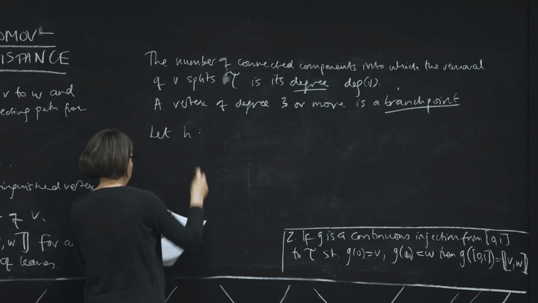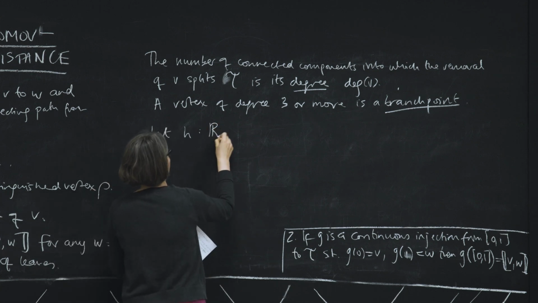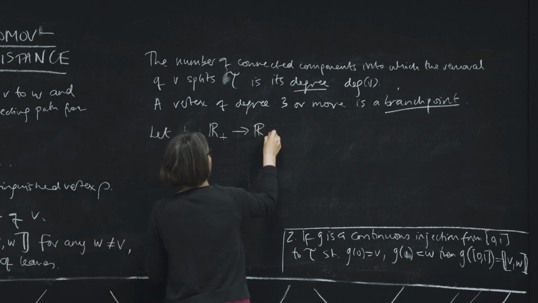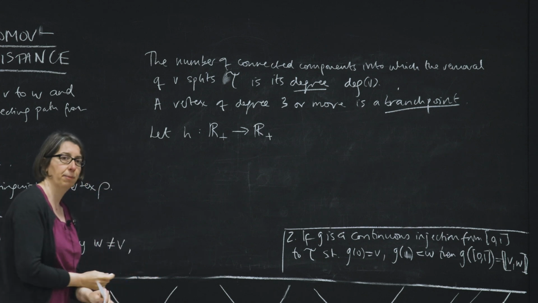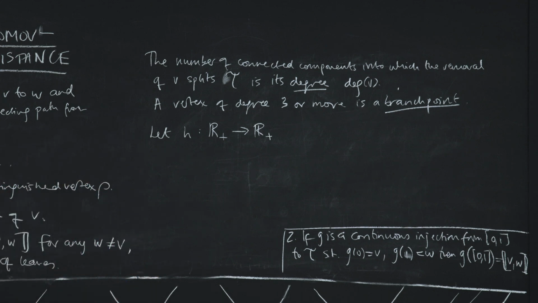I'm going to let H be a function from R plus into R plus, and I not only want it to be a continuous function, but I actually want it to be an excursion, by which I mean I want it to start at 0, and I want it eventually to come back and stay at 0 forevermore.